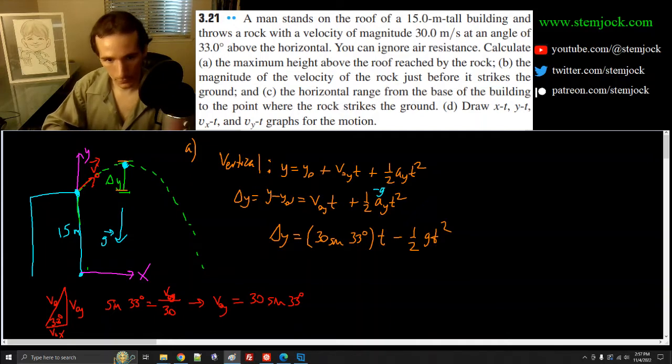So I'm going to use the kinematic equation for velocity now. This one is the kinematic equation for position. So the one for velocity is Vy equals V0y plus ayt.